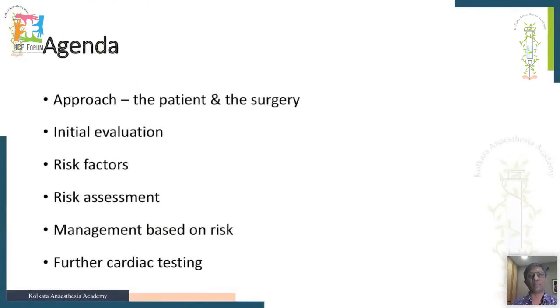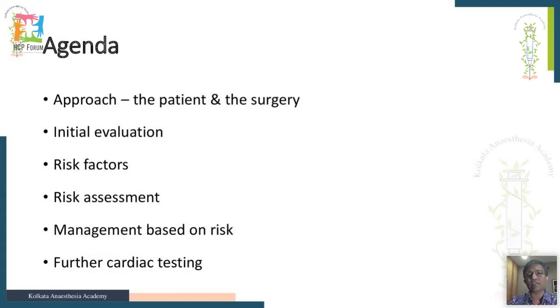So what we will go through today is the approach to a patient: looking at the patient, looking at the surgical procedure, how we do the initial evaluation, what the risk factors are, how we can do the risk assessment, and the management based on risk.